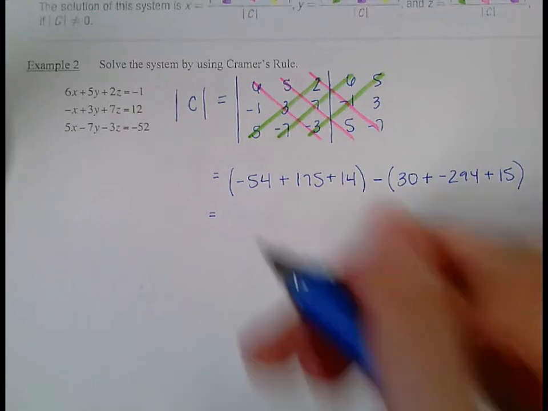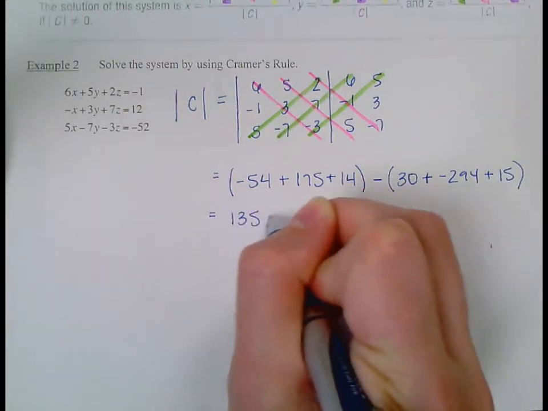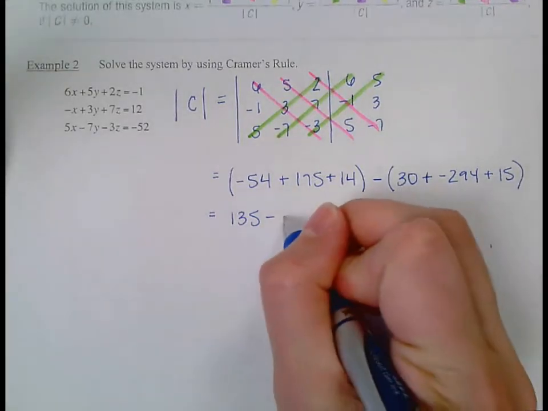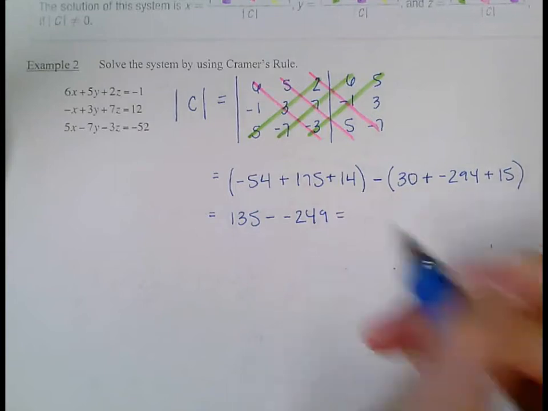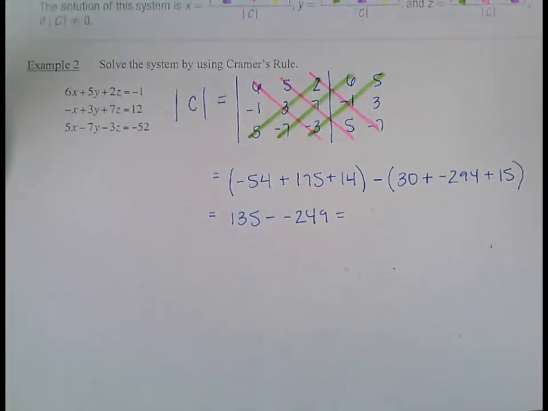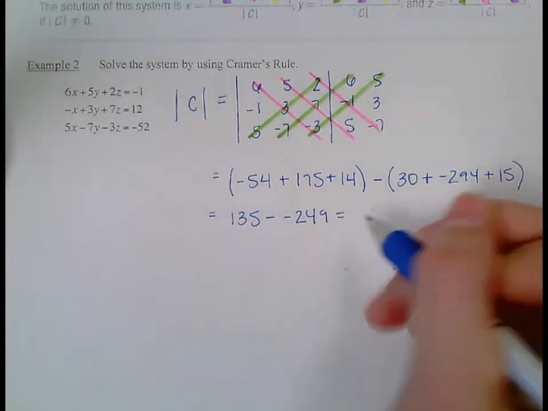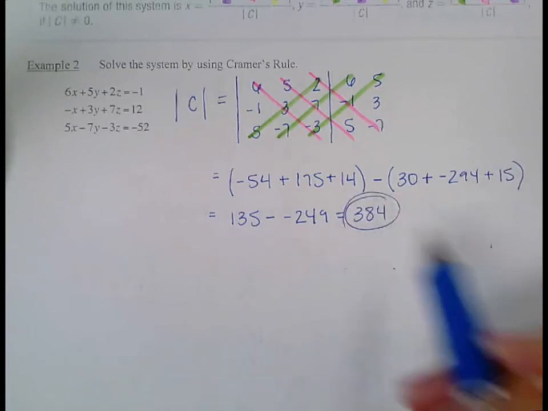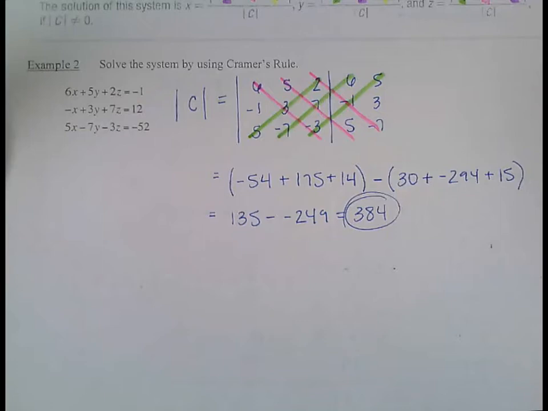So the first sum is 135. And then I'm subtracting negative 249. So I'm really adding 249. So this determinant is 384. So I'm just going to circle this because I'm going to be using it in my other formulas. But I have that determinant is 384.